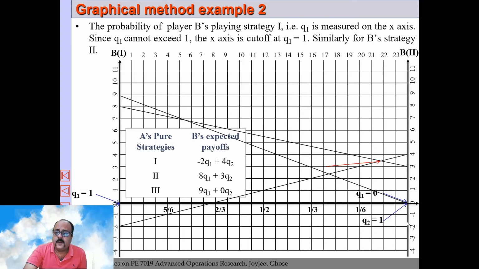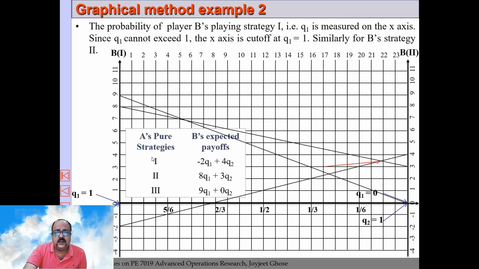Now I am interested in finding the probabilities of q1 and q2, that means which strategy B is expected to play. B being an intelligent player knows that A is also an intelligent player, and A will play in such a manner that B's loss is maximized.